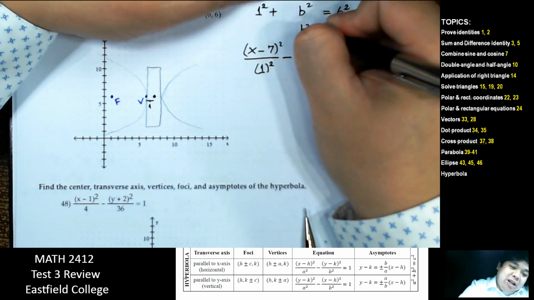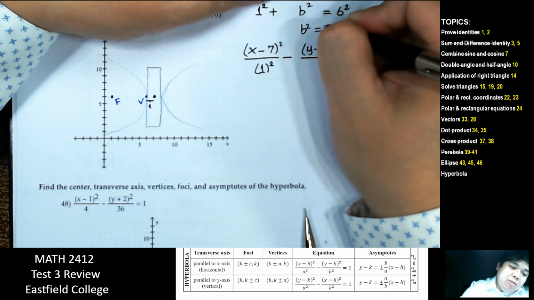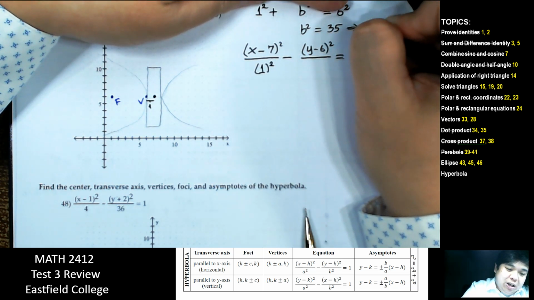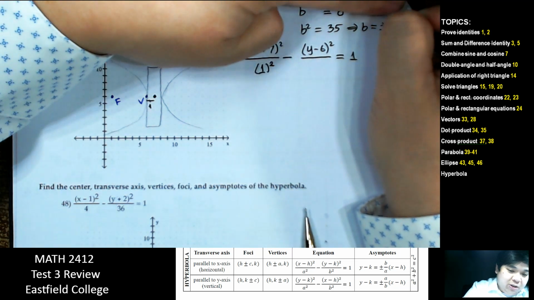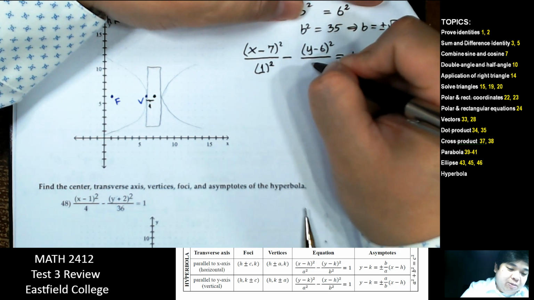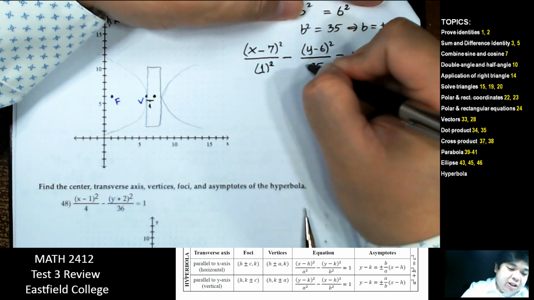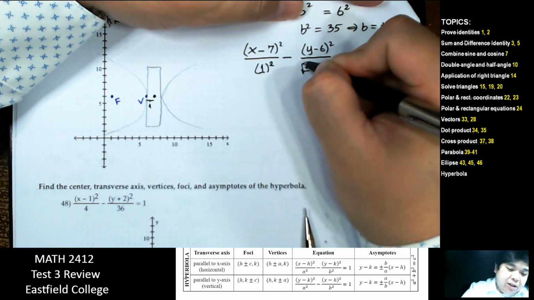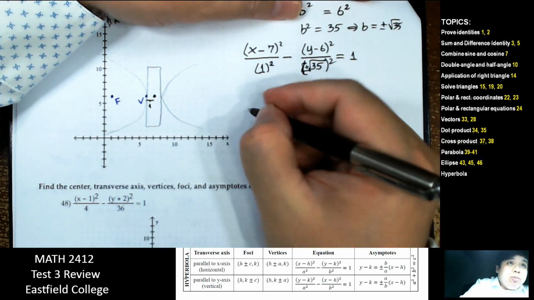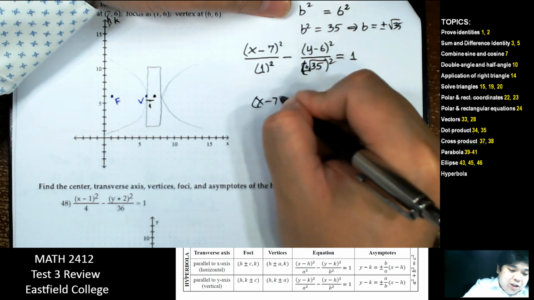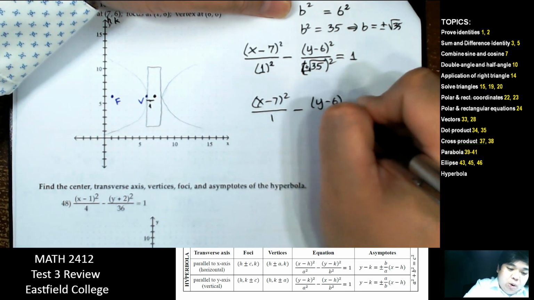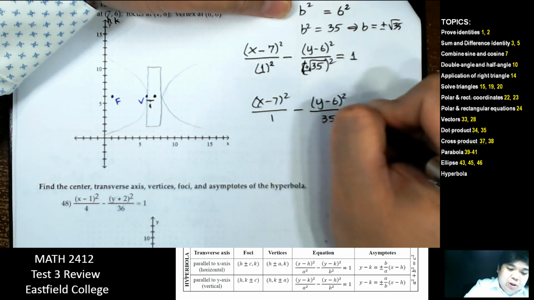So b squared equals 36 minus 1, which is 35. So b is plus or minus square root of 35. So x minus 7 squared over 1 minus y minus 6 squared over 35 equals 1.